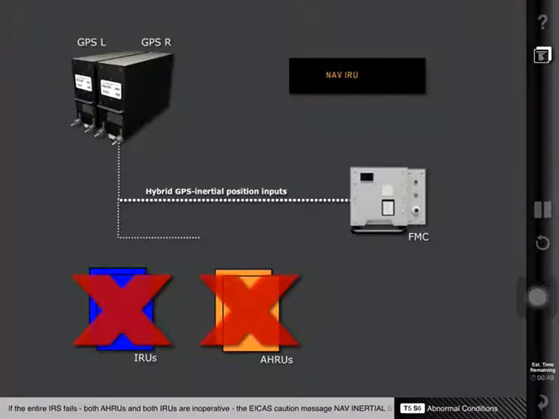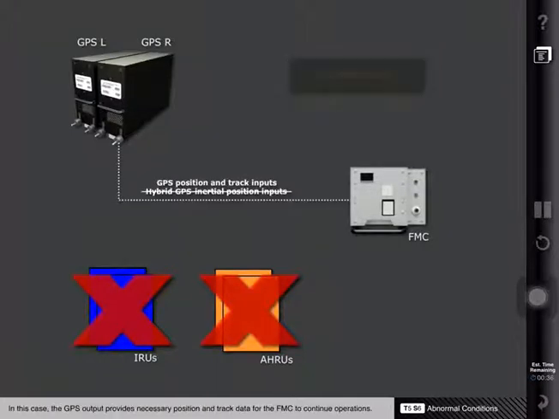If the entire IRS fails, both AHRUs and both IRUs are inoperative. The ICAS caution message, NAV inertial system, is displayed. In this case, the GPS output provides necessary position and track data for the FMC to continue operations.